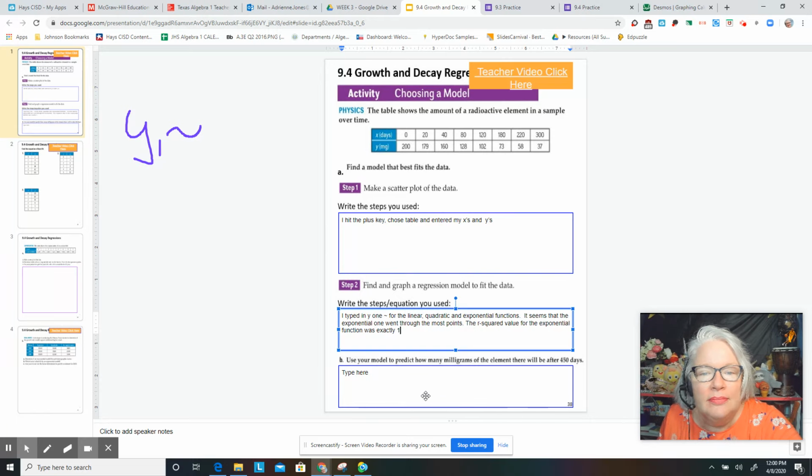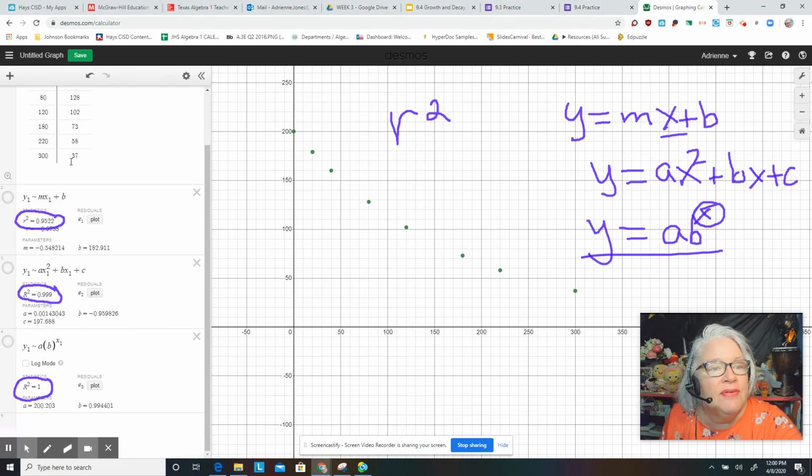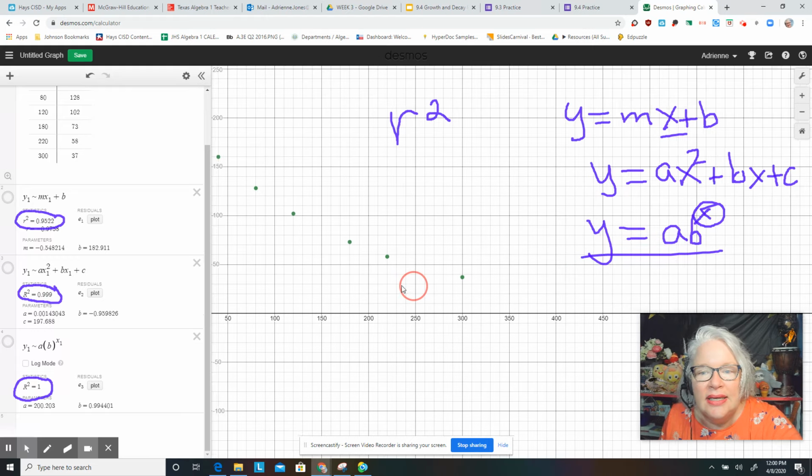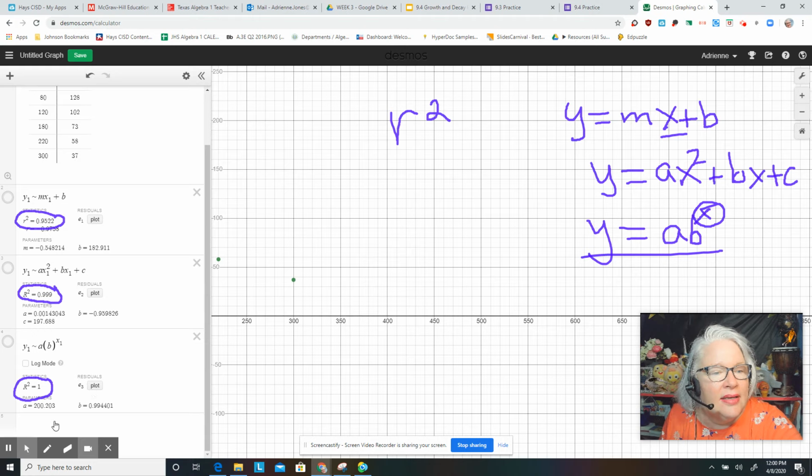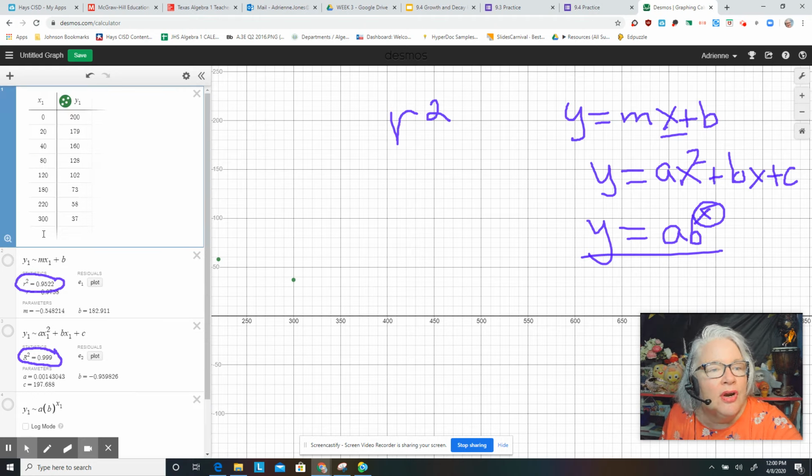All right, B. Use your model to predict how many milligrams of the element there will be in 450 days. Let's go back to Desmos. 450 days. Now there are 2 things I can do. I can add 450 to my chart.